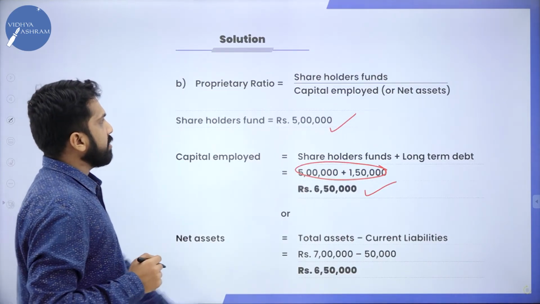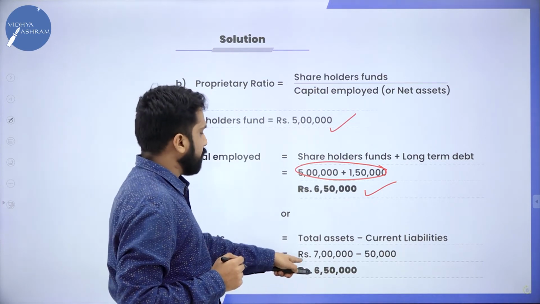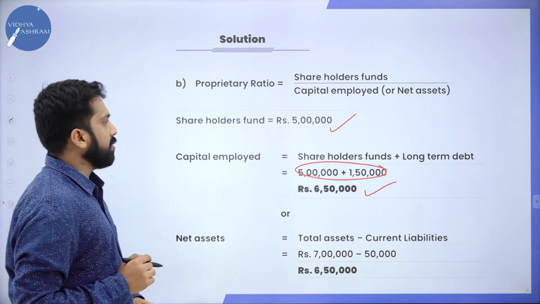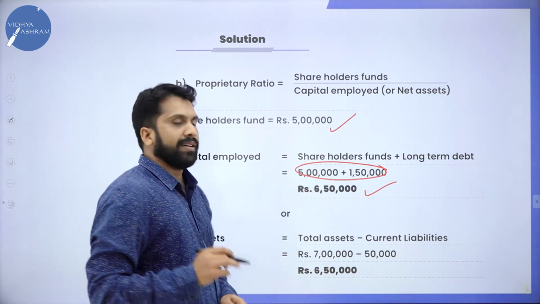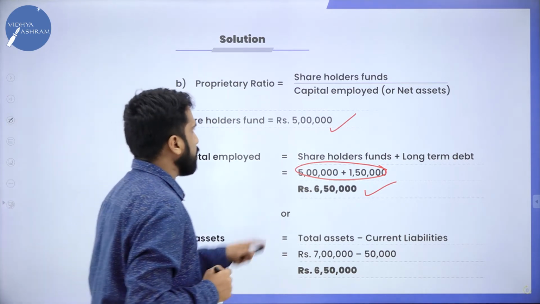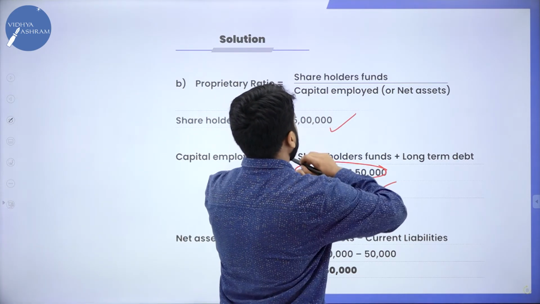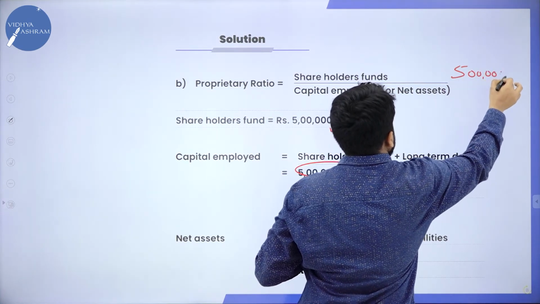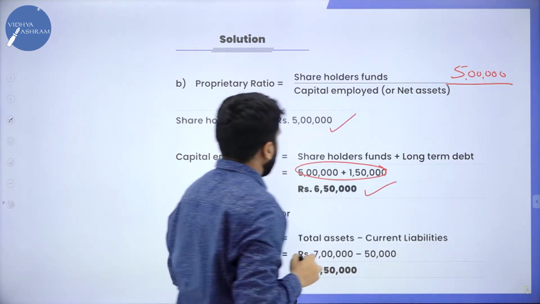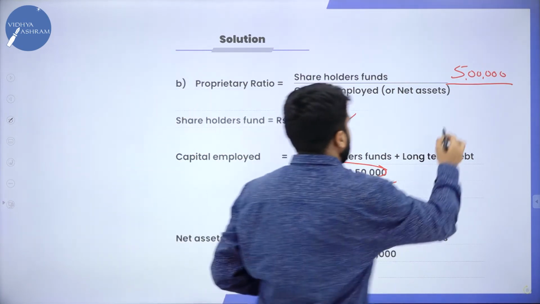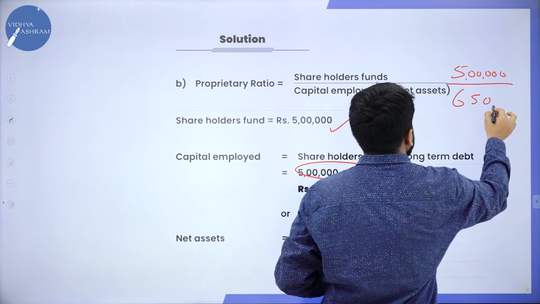So your answer is shareholders fund, 5 lakh, and capital employed, 6 lakh 50,000.